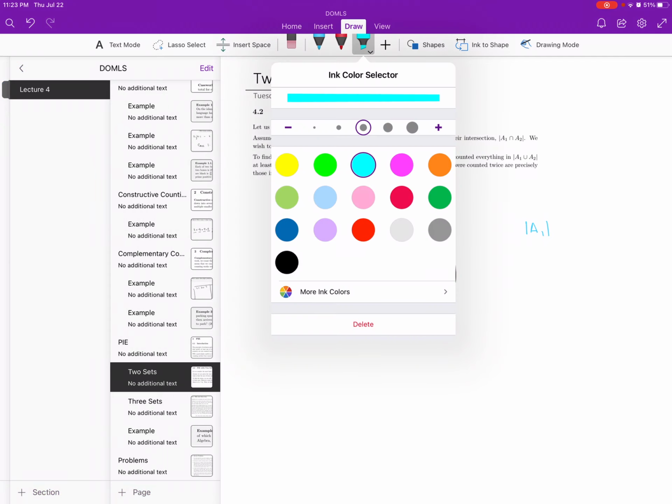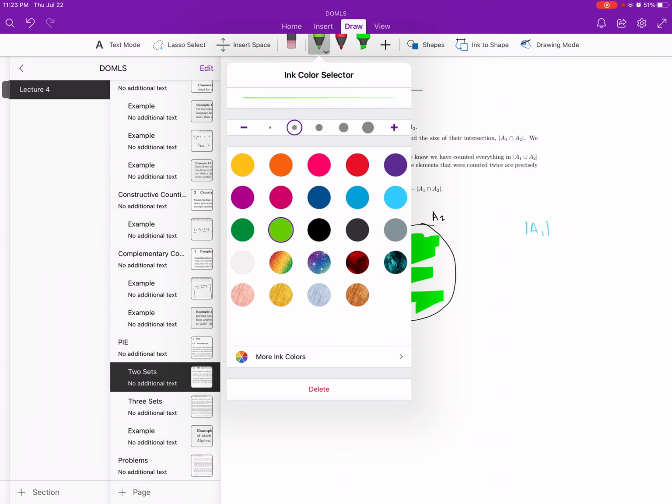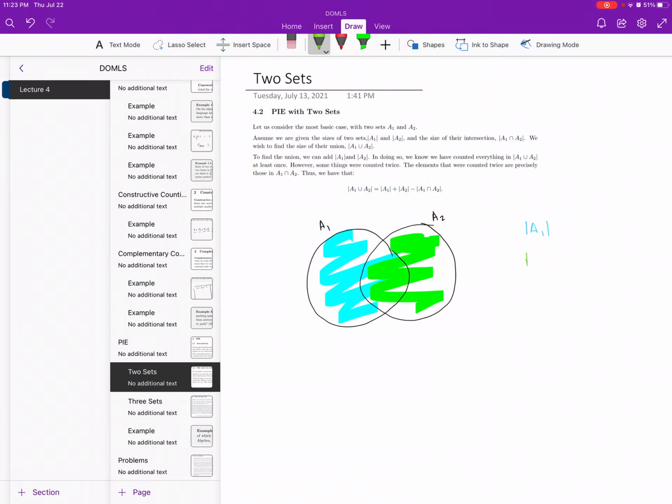And the number of elements in A2 over here, we call that the magnitude of A2.